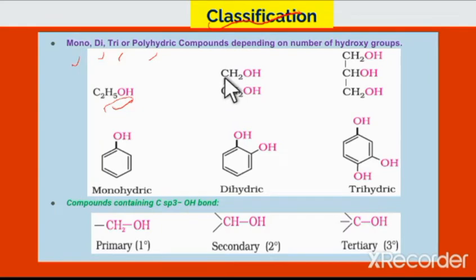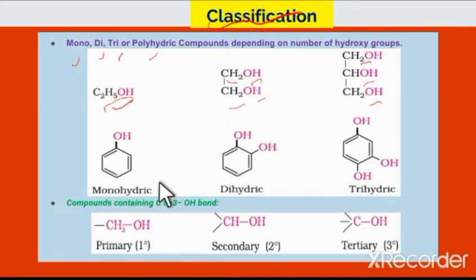Whereas if you see this compound, it has CH2OH twice, so two hydroxy groups are present, and it comes under dihydroxy compounds. In the third one, you can see there are three hydroxy groups present on this compound, so it comes under trihydroxy compounds.